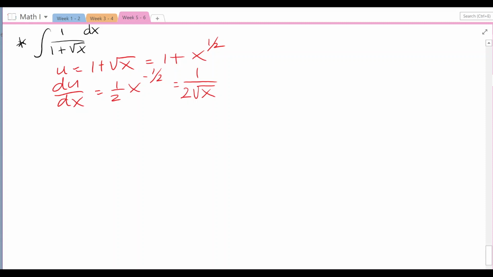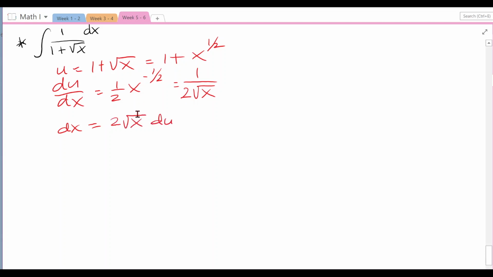So if we move the dx to the right hand side and maintain the du, this will become 2 square root of x du.